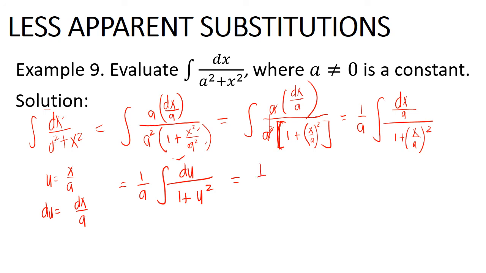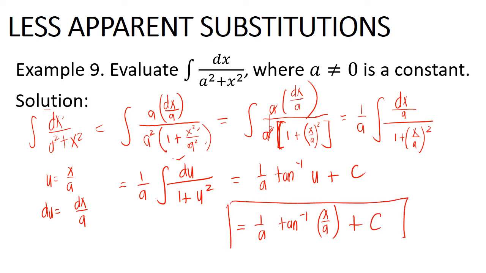Anong sagot natin dyan? Inverse tangent ng u plus c. Yan na yung sagot. Ibalik na lang natin yung variable na x. Since u equals x over a, magiging inverse tangent ng x all over a plus c.